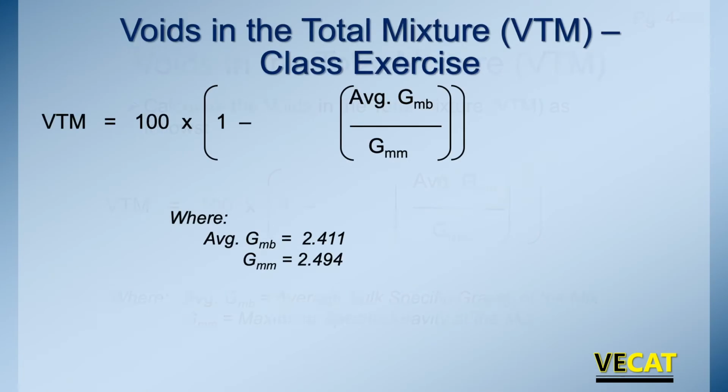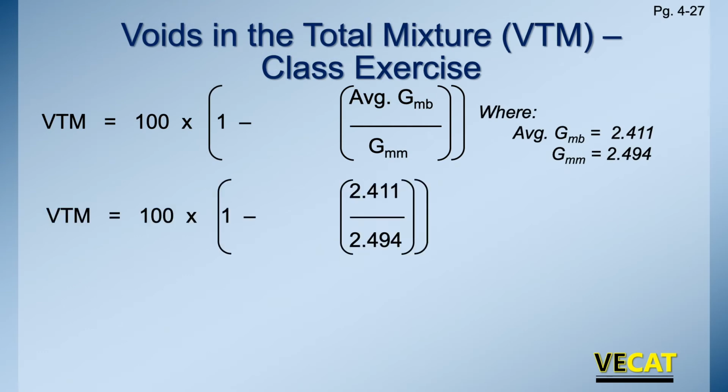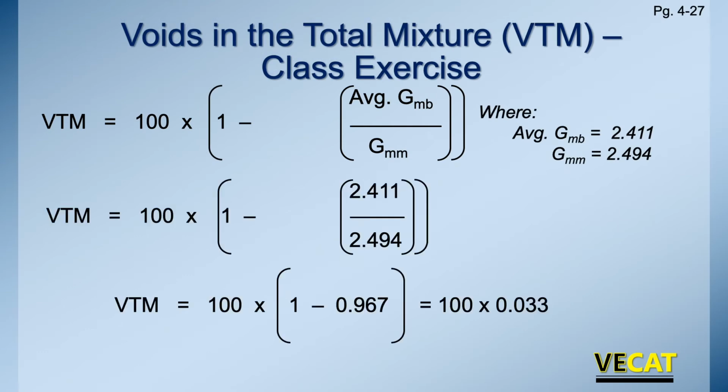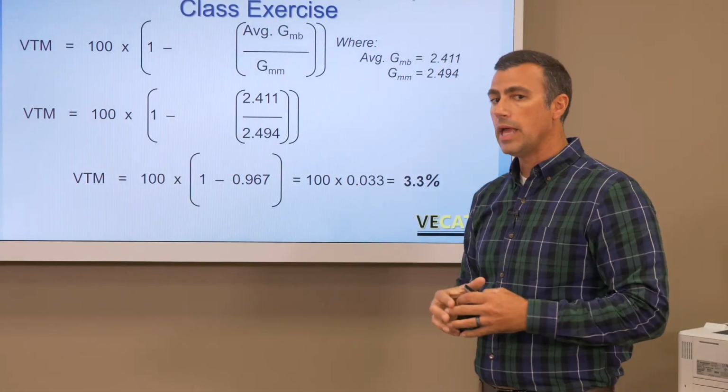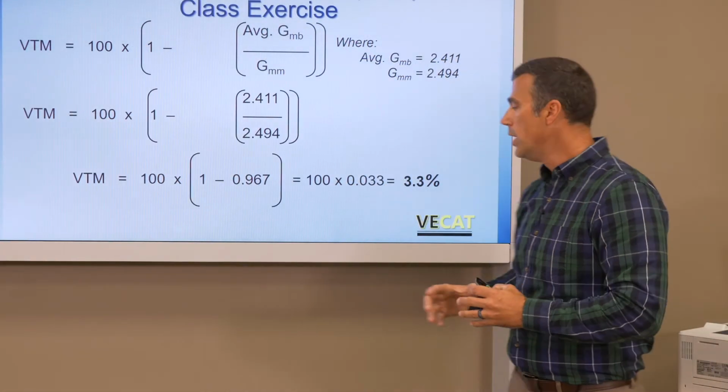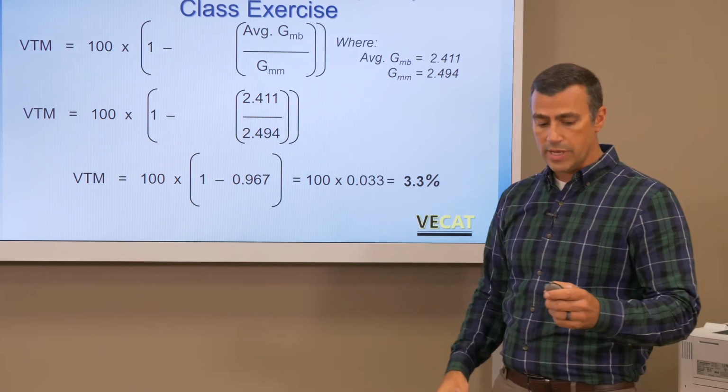So again, earlier we ran that testing and calculated those properties: an average GMB value of 2.411, and an average GMM value from the Rice gravity test of 2.494. By plugging those numbers into our equation and running through our calculation, we arrive at a VTM or an air void content of 3.3% air voids. So we're saying that that average lab compacted sample has 3.3% air voids in it.